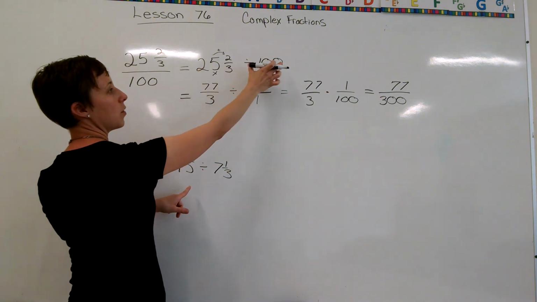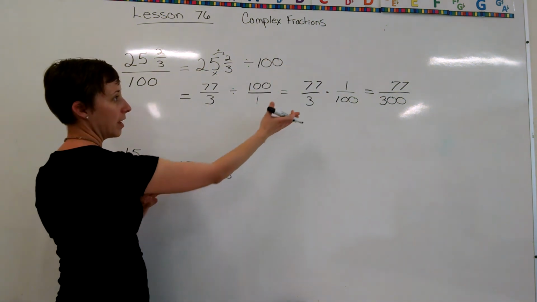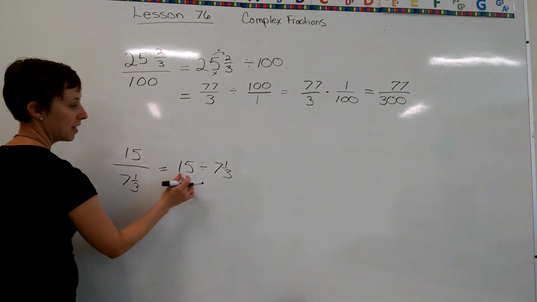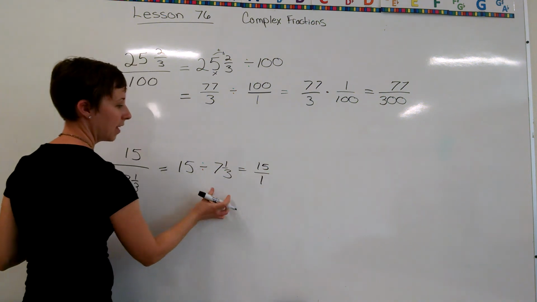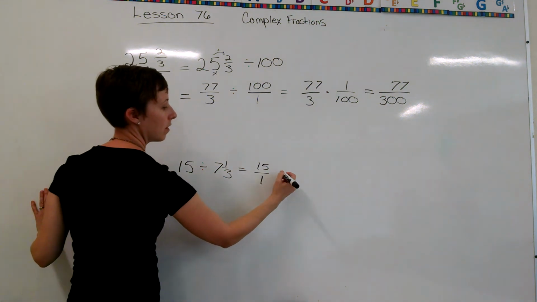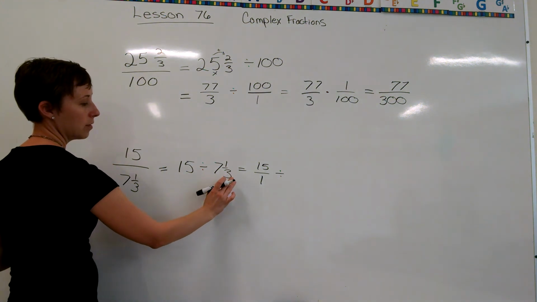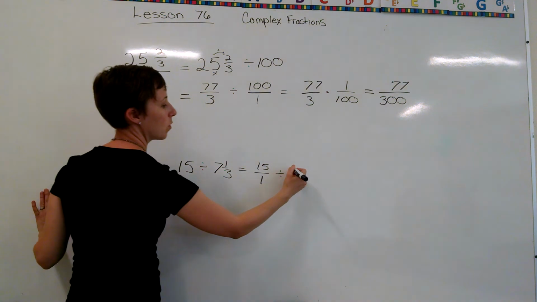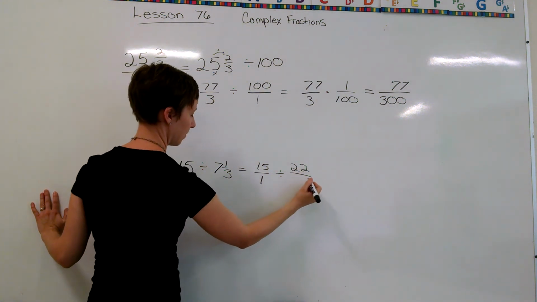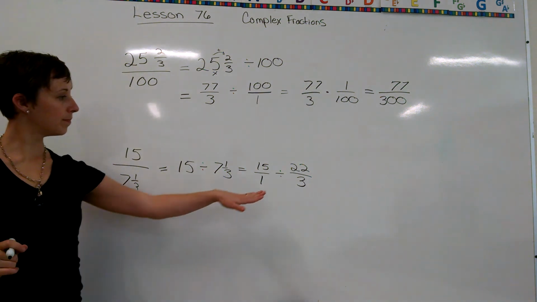If I have mixed numbers and whole numbers, I want to change them both into fractions so that I can do my work. 15 will become 15 over 1. 7 1/3, I'm going to change to an improper fraction. 3 times 7 is 21, plus 1 is 22. 22 thirds. Keep the same denominator.